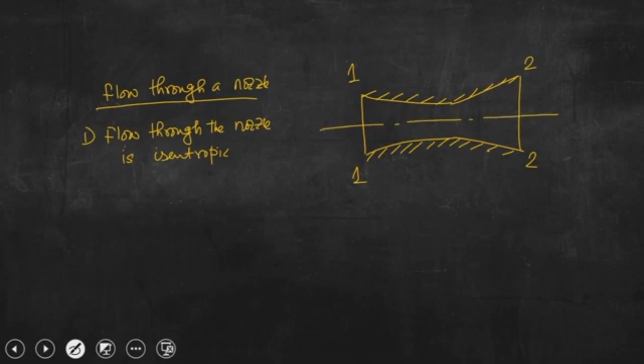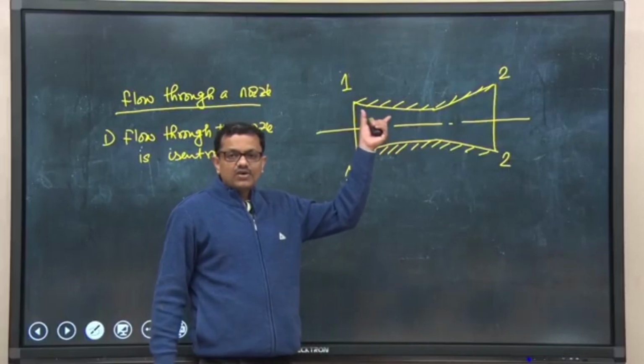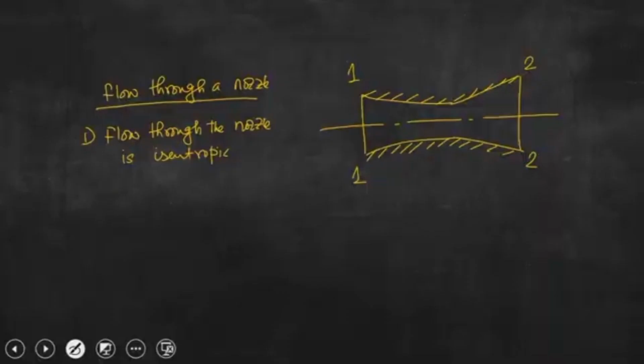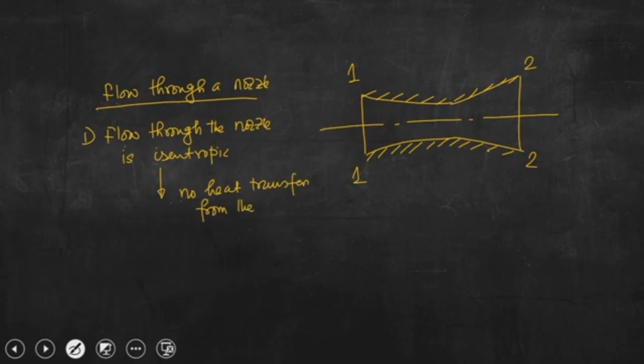This is the convergent divergent type nozzle, and we can see the walls of the nozzle are insulated. So, there is no heat transfer from the steam to the surroundings.